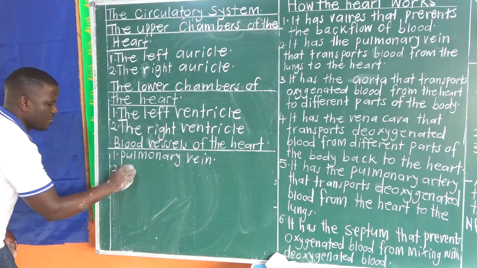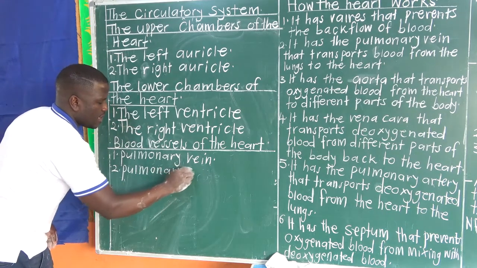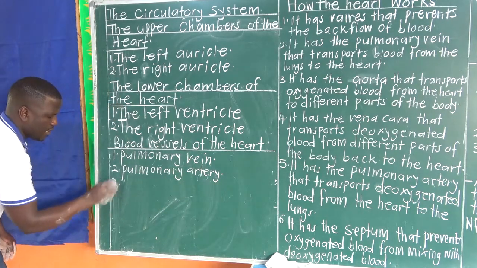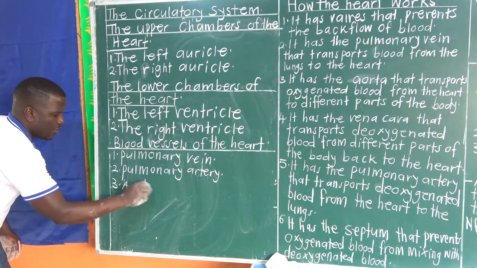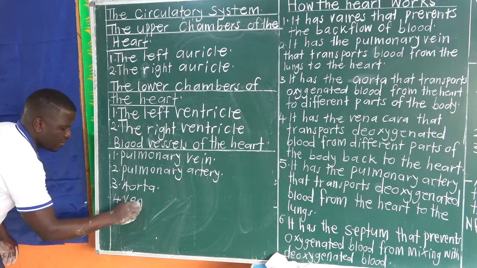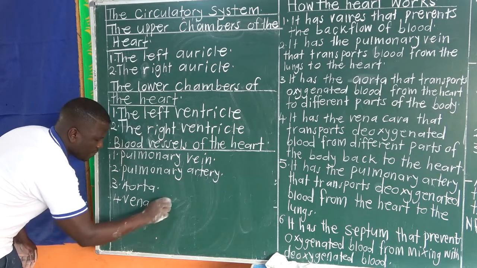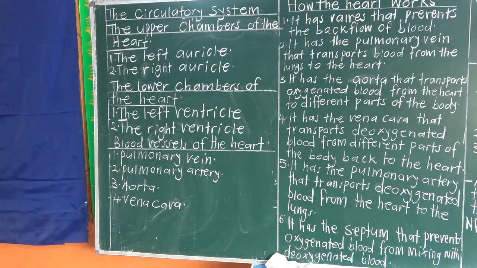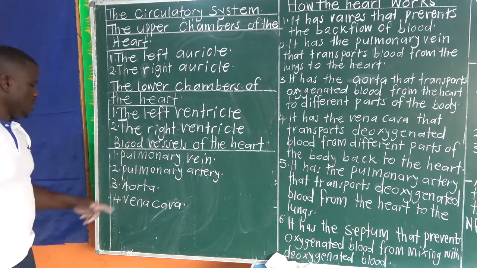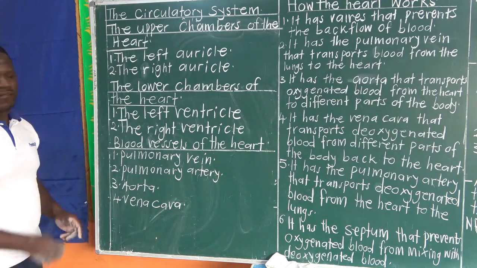Two, we have the pulmonary artery. Three, we have the aorta. Then four, we have the vena cava. So these are the four blood vessels that are found on the heart: the pulmonary vein, the pulmonary artery, the aorta, and the vena cava.